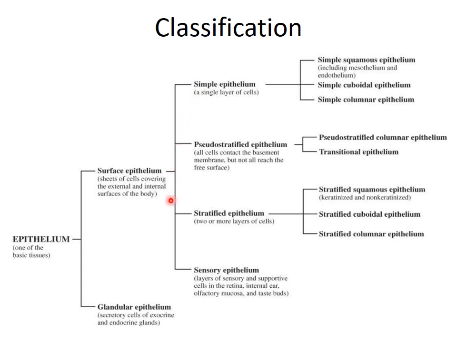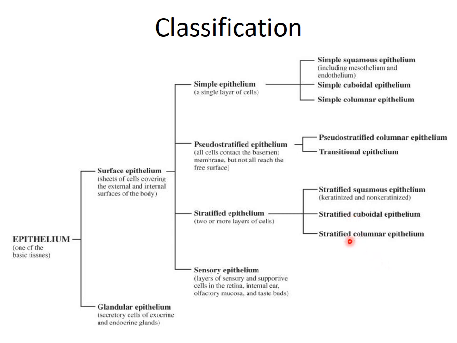Then if we have two or more layers, we call it a stratified epithelium. Similarly, if the surface layer is squamous and it consists of two or more layers, then we call it a stratified squamous epithelium. Likewise, we have three varieties in the stratified: stratified squamous, stratified cuboidal, and stratified columnar epithelium.